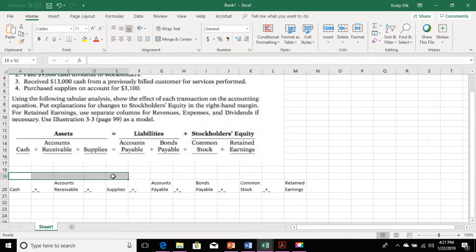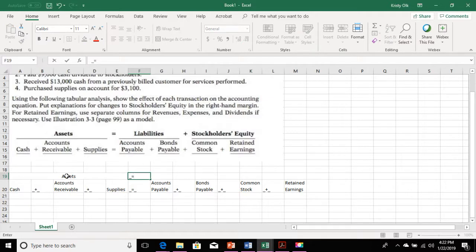To make it look exactly like the one above, I would highlight these cells that are above my assets. Then I would do a merge and center and say assets. Equals.